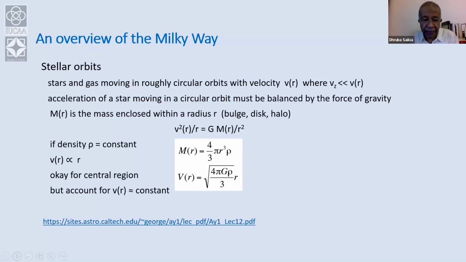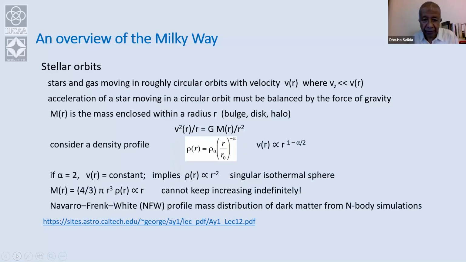So a constant density with mass increasing with radius provides a good explanation for the central region, but it will not do for the outer region because the velocity is flat. So suppose I take a profile like this, rho(r) equals rho 0, the central value, times r to the power of minus alpha, where alpha is an index, and I substitute back over here and I get an expression V(r) proportional to r to the power of (1 minus alpha) by 2.